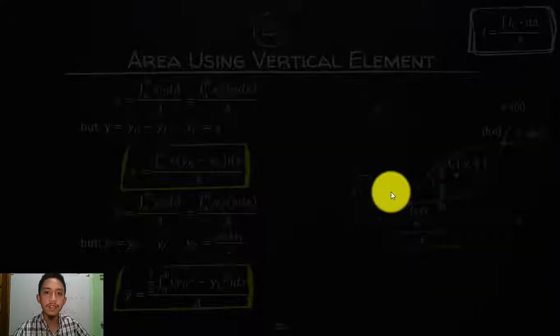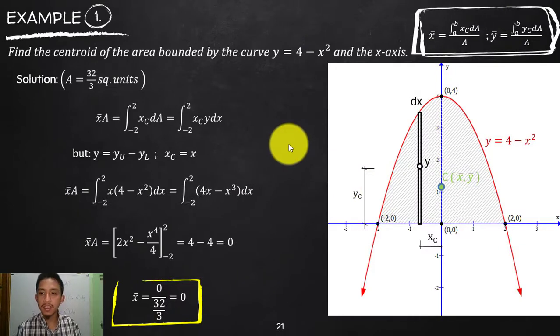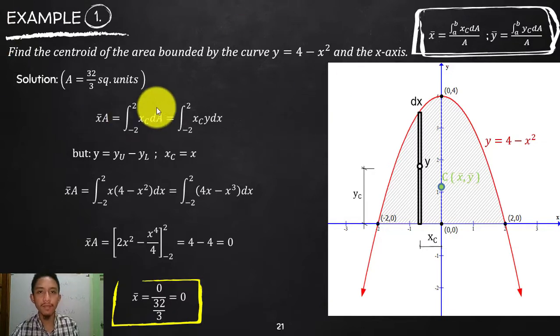Okay, so let's have an example, the same example on getting the area. Let's try to find out the centroid of this. By observation, you can see that the centroid is located on the y-axis. Why?